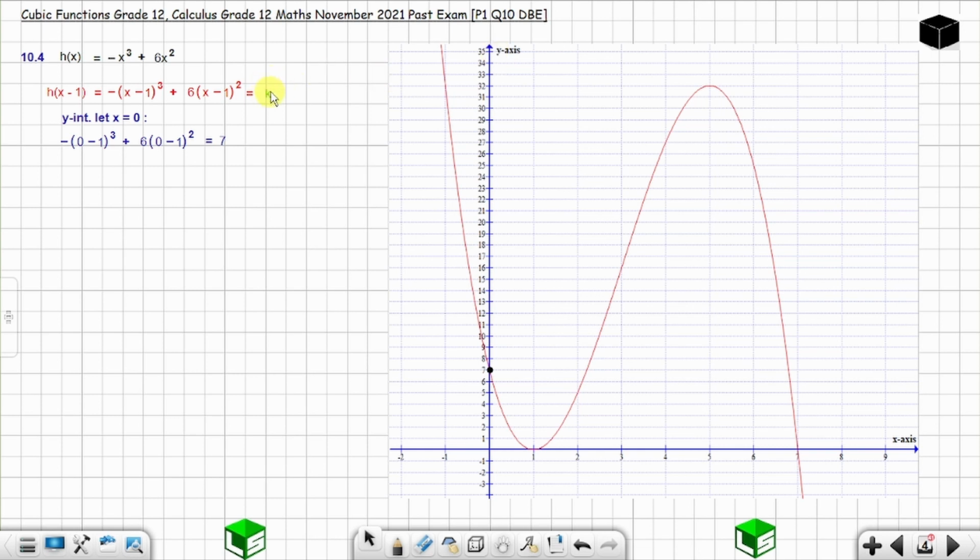So when k is equal to 7, for example, the line cuts the graph at this point, and at this point, and at this point.